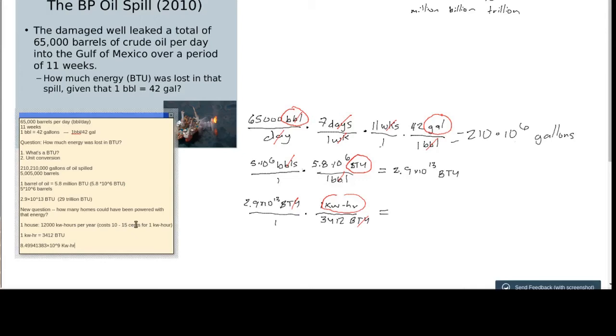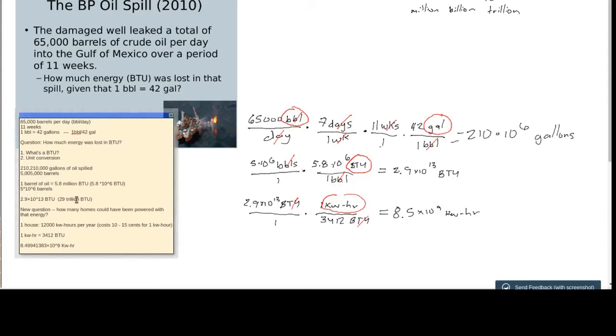So that's 8.5 billion. I'll write that out again. 8.5 times 10 to the 9 kilowatt hours. So that's better. It's a smaller number, and it's slightly more familiar because it's the unit that electricity bills are in, 8.5 billion kilowatt hours.